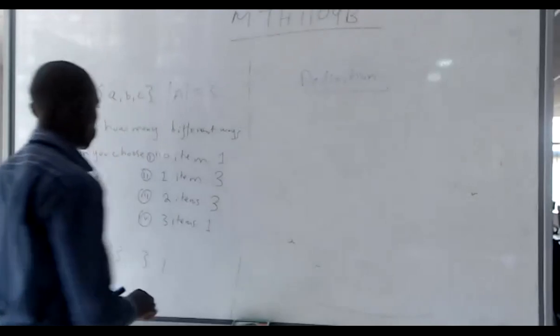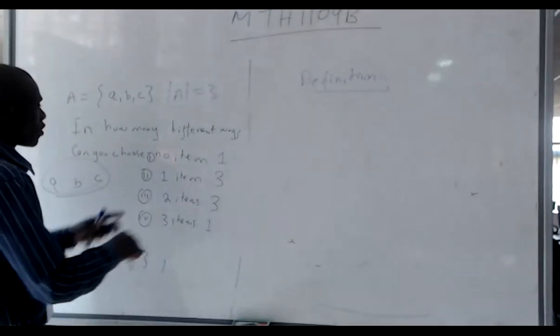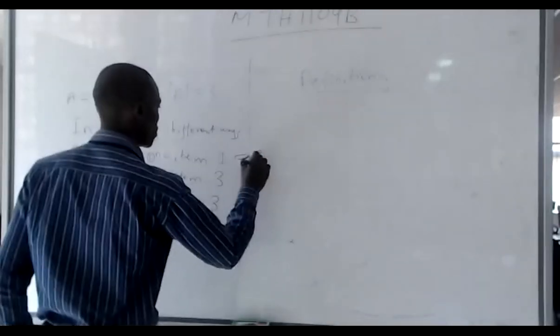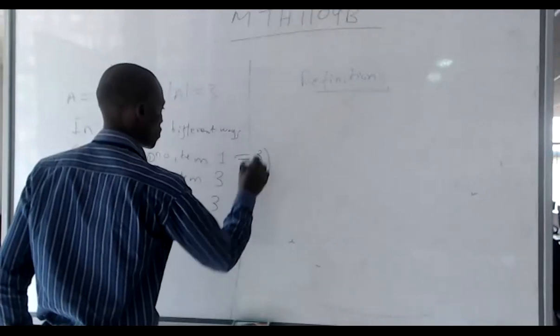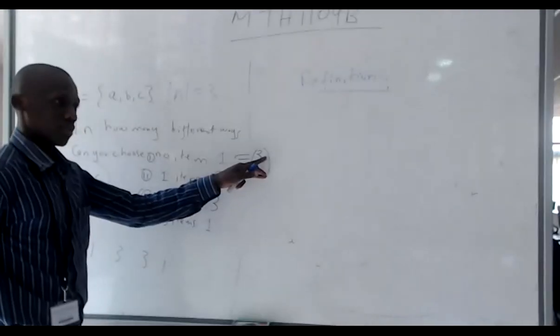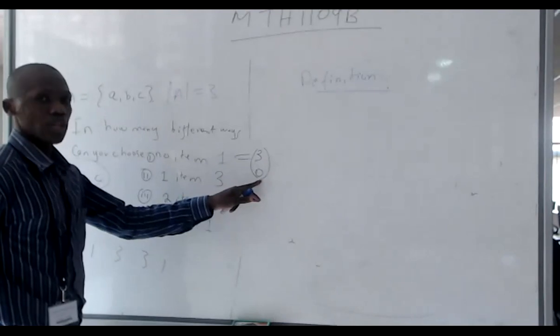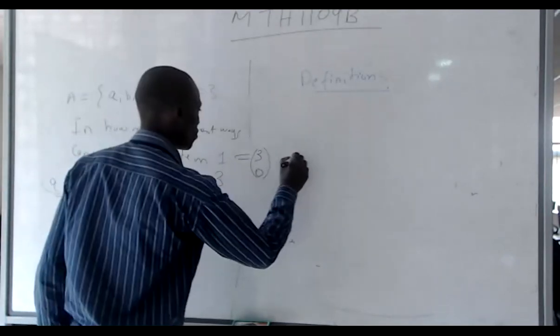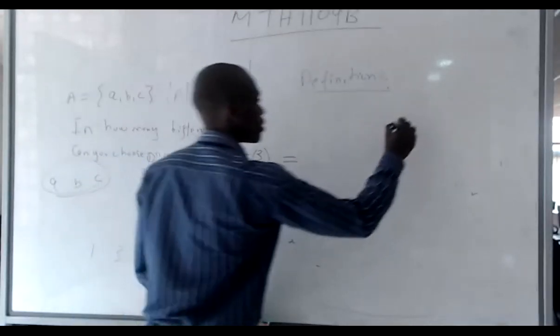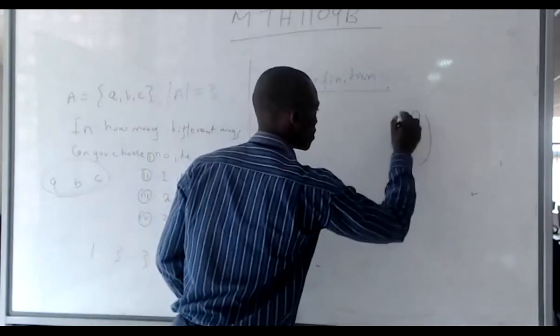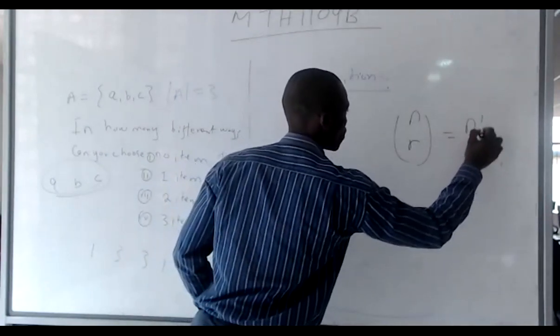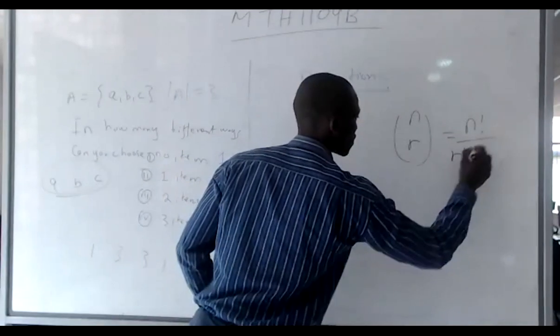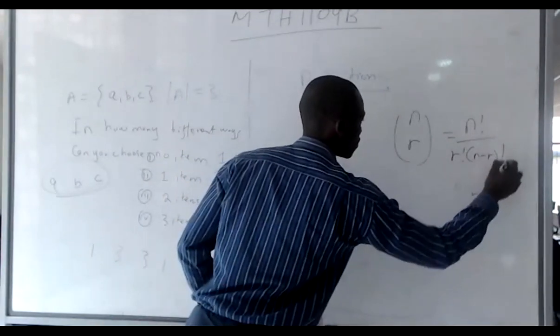So let's make meaning of this expression. Remember the question I asked you: for choosing none, you could just compute 3 combination 0. I've given you a set of 3 items and you have decided not to choose anything. By definition, n combination r is n factorial divided by r factorial times n minus r factorial.